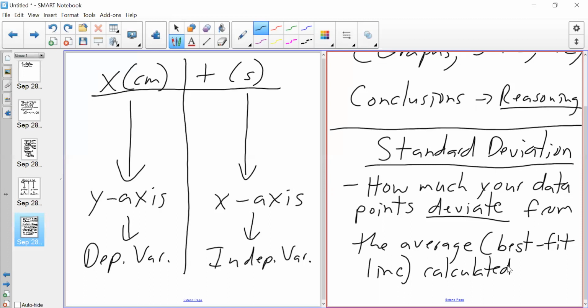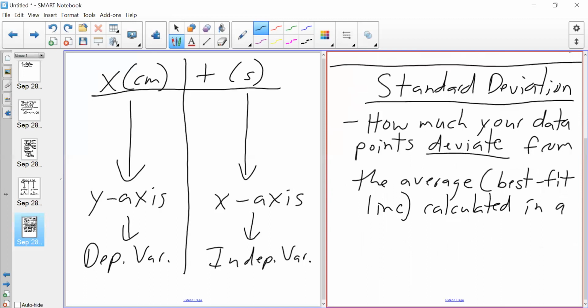This is just my lay interpretation to you. You don't have to give a technical definition. We want to try and speak English as much as possible. With standard deviation, you can get the technical definition, but let's try and make sense out of everything. So the standard deviation is how much your data points deviate from the average, which is your best fit line, calculated in a standard way.